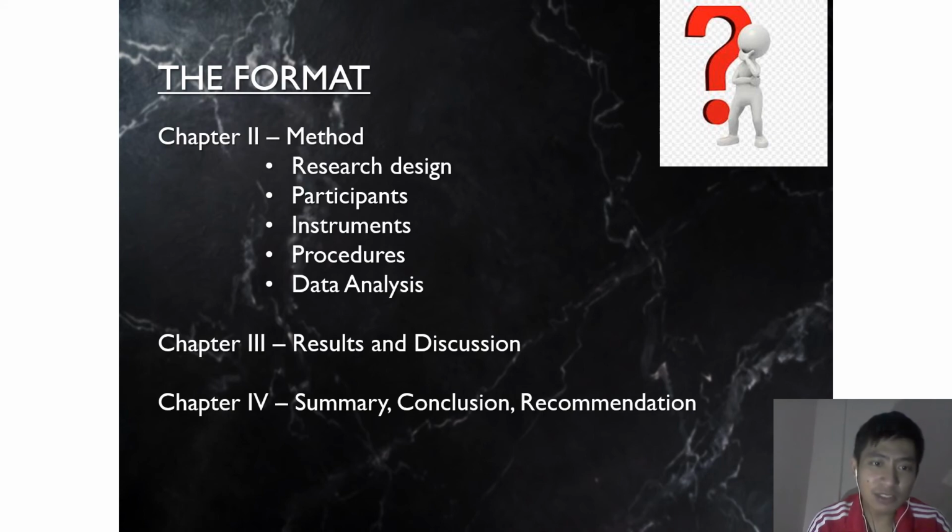Then chapter 4 is summary, conclusion, recommendation. Based on the results and discussion, what's your realization and what's your recommendation for us to improve the identified problems in your research? The results of your research could create some recommendations and conclusions.